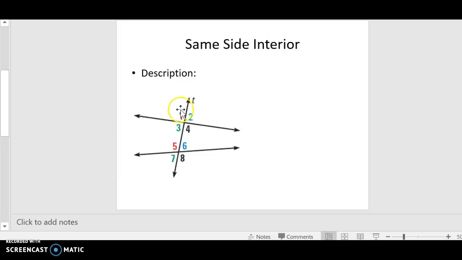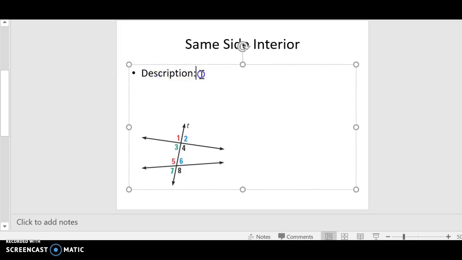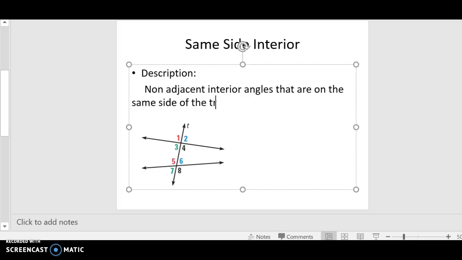Now, same side interior angles. When we go to describe them, these are non-adjacent interior angles that are on the same side of the transversal.